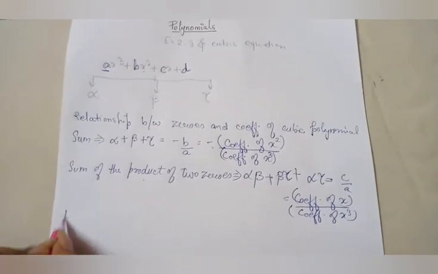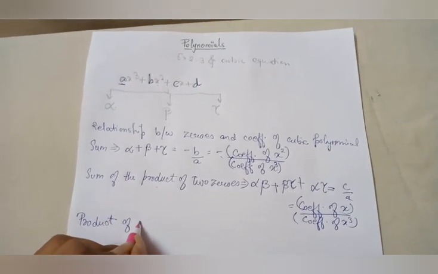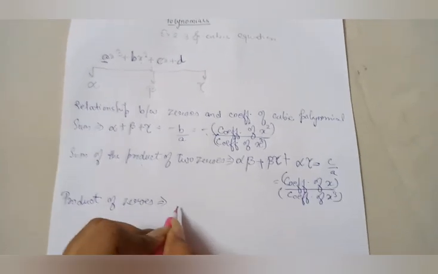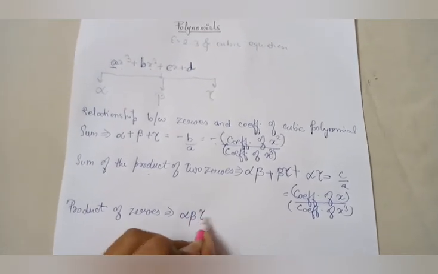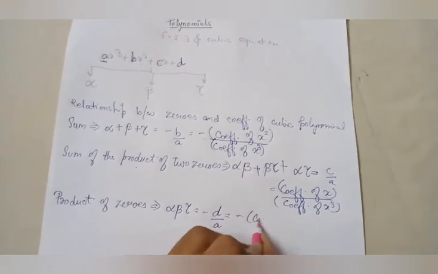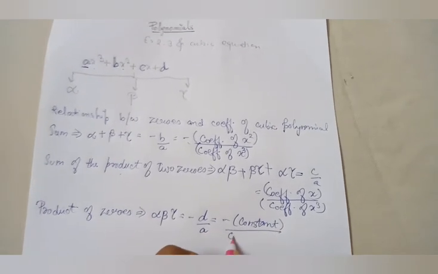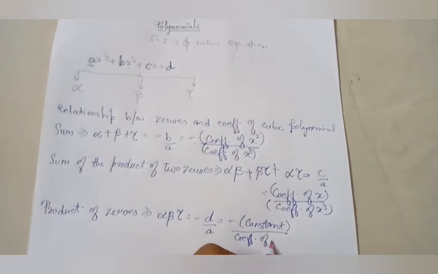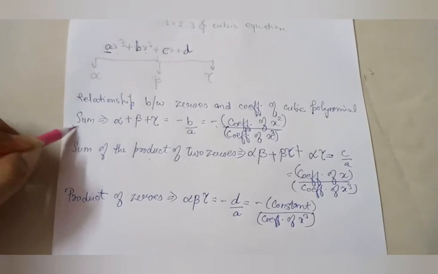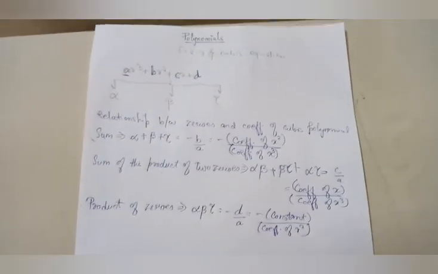The third is the product of all three zeros: alpha beta gamma, which is equal to minus d upon a, the negative of the constant term upon the coefficient of x cube. So these three relationships we need to remember for a cubic equation.